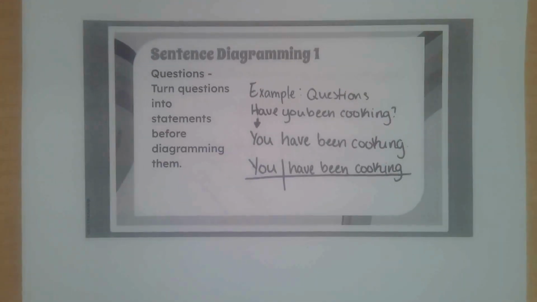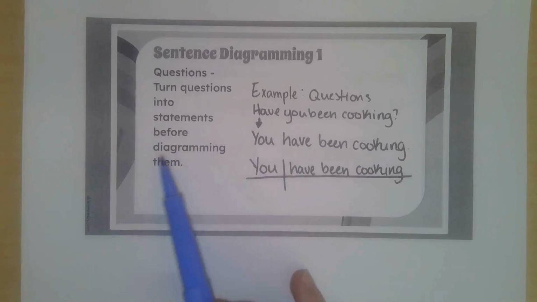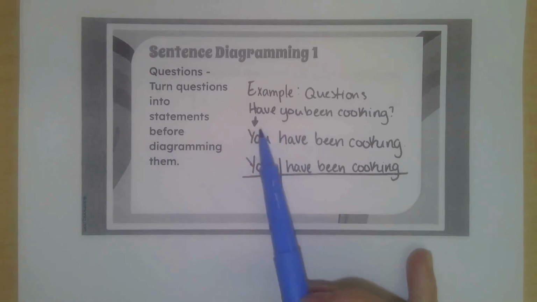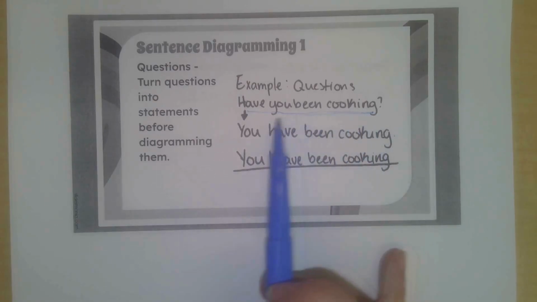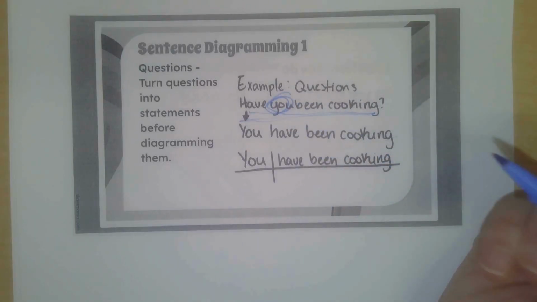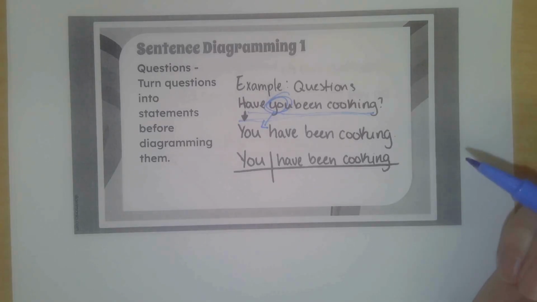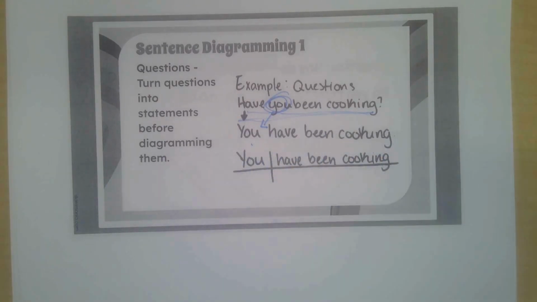Now we have questions. And this is where it starts to get a little bit more difficult. When you have a question, you need to turn questions into statements before diagramming them. So I have an example question here, have you been cooking? We're going to take our subject and move it around so that it becomes a statement. You have been cooking.